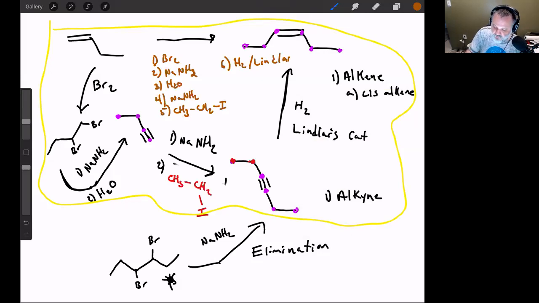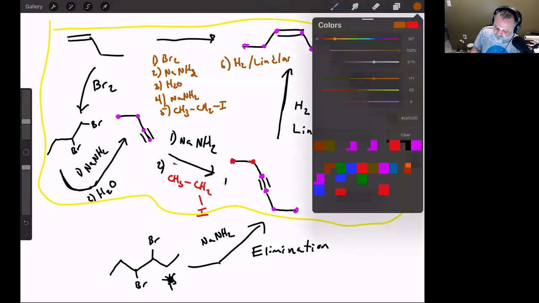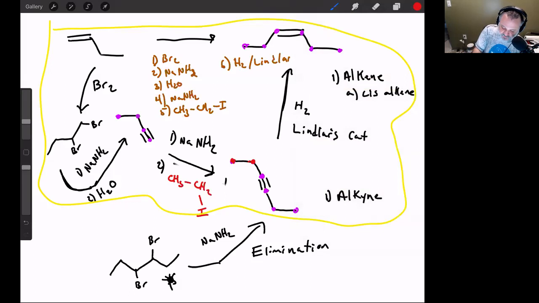Now, later on, as you become more sophisticated, you'll see that these two steps aren't actually necessary. But it's okay for any of my solutions to think about them in terms of the reactions that you learn.